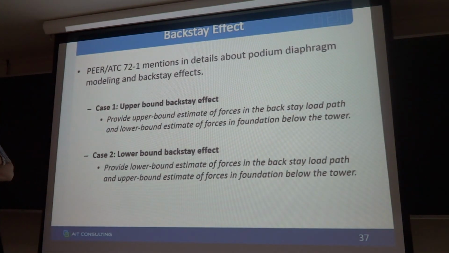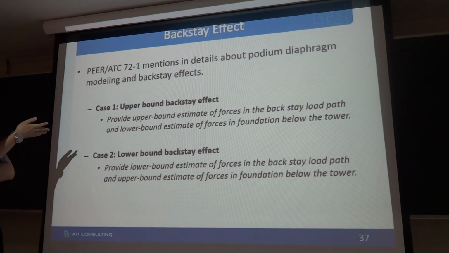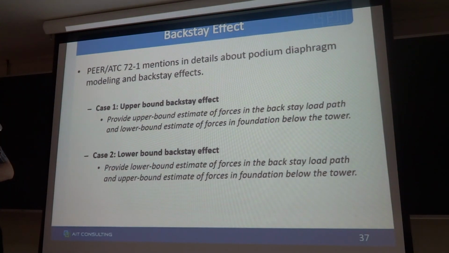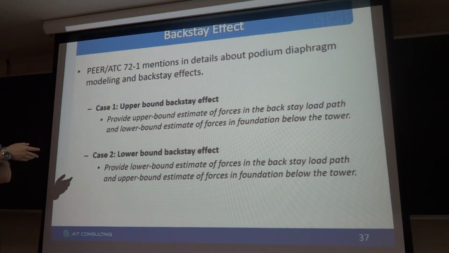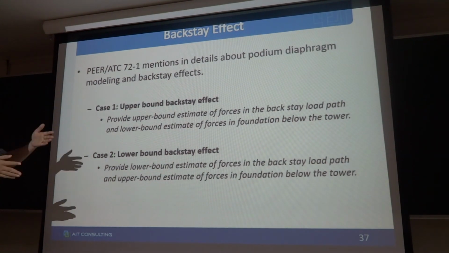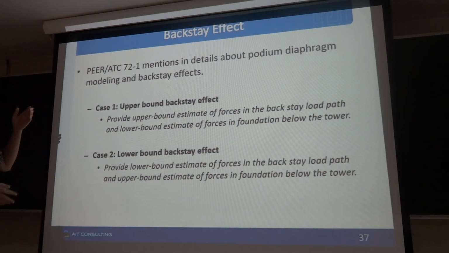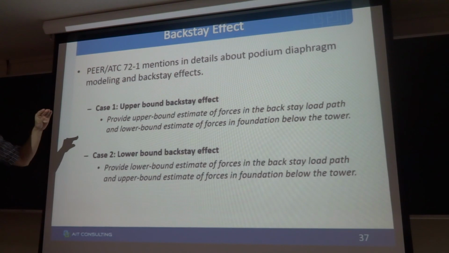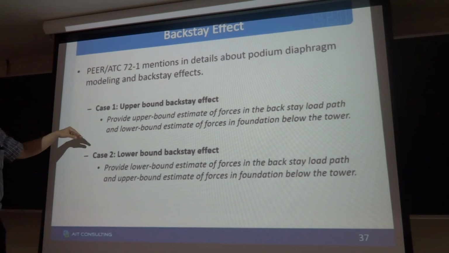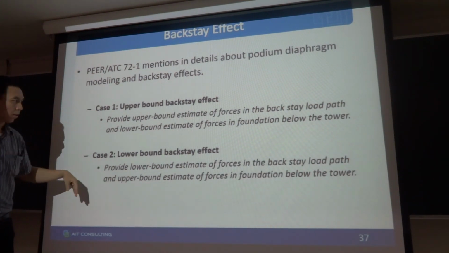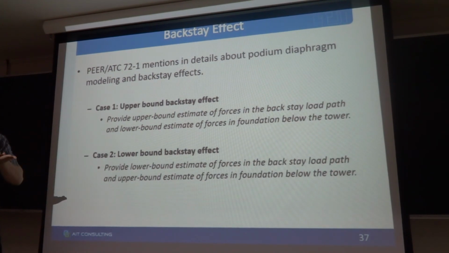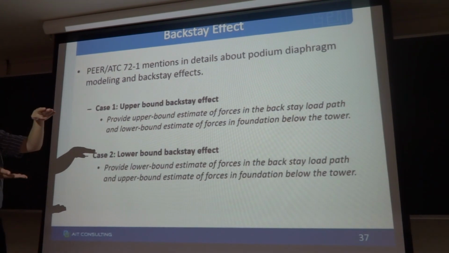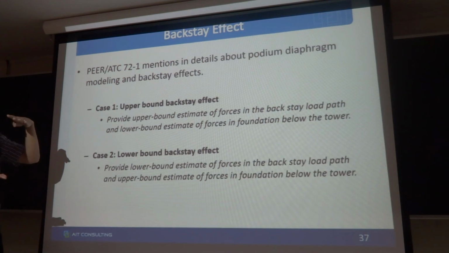To consider the backstay effect, this is from performance-based design. Here ETC 721 suggests using the upper bound and lower bound backstay effect. It is to consider the stiffness of the diaphragm with the upper bound and the lower bound. For example, we use the larger stiffness in the diaphragm and check the forces in the diaphragm.